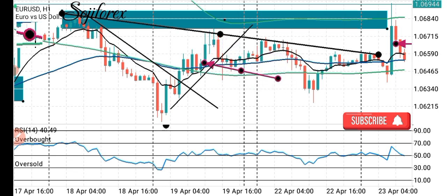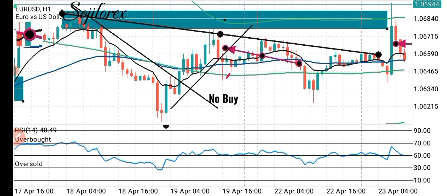Remember, this is a cross again, giving me a buy signal, right? But this buy signal was accompanied with also a pin bar, but I won't buy here for two reasons. Why? This is my pin bar. I need another follow-up candle, that is a bullish candle, in order for me to buy to the upside, and here there is no follow-up candle.